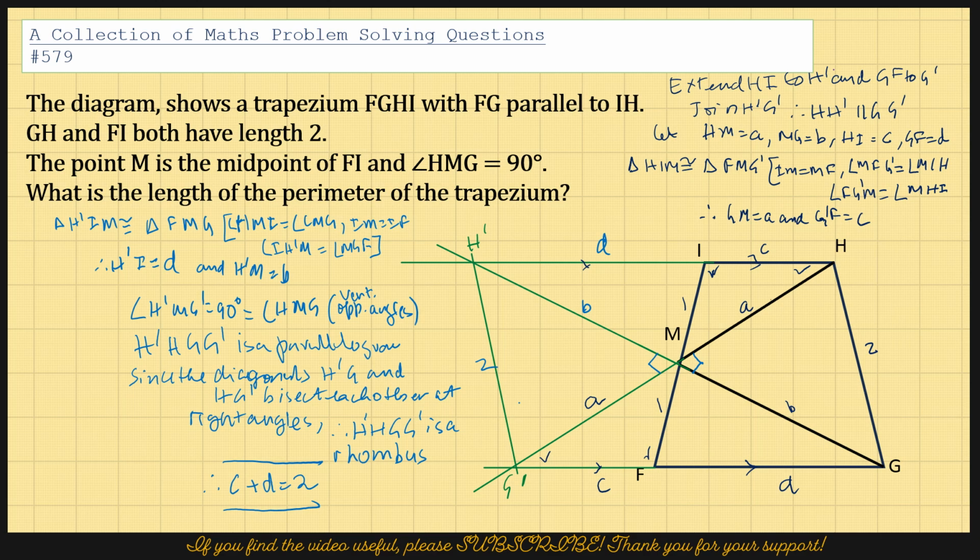So the perimeter of the trapezium equals 2 plus 2 plus C plus D, which is 2, and that equals 6. So that is the length of the perimeter of the trapezium.